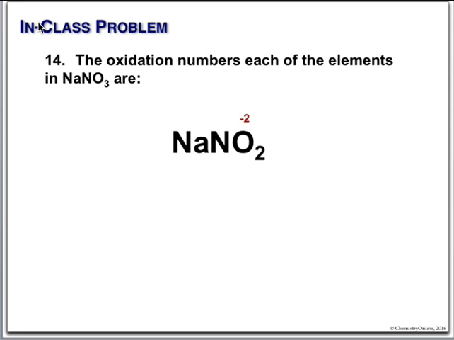Remember, group 1 is always +1, group 2 is always +2. So we know that the sodium here, group 1, is going to be a +1. So now we can do our little mental math. We have 4 negatives here and 1 positive. In order to make it neutral, we need 3 more positives, don't we?